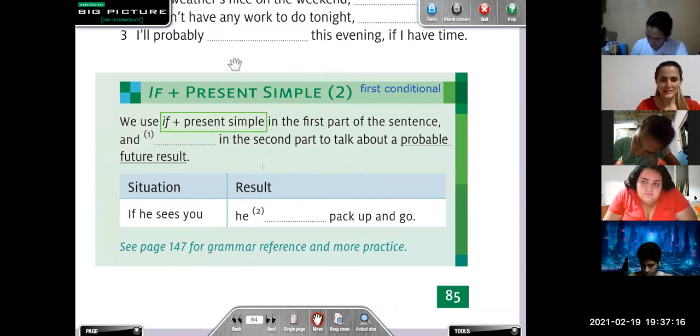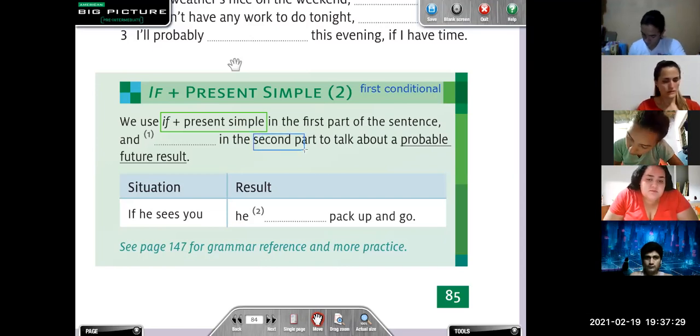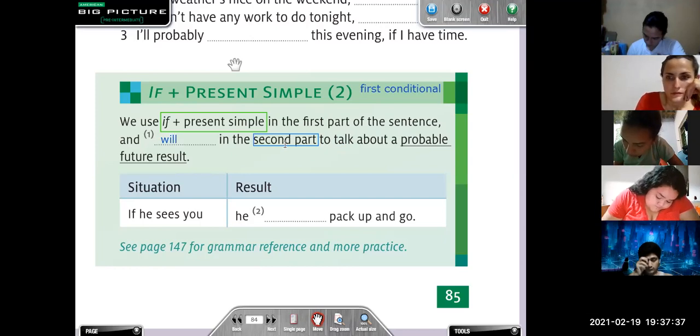We use if plus the present simple in the first part of the sentence. And what do we use in the second part of the sentence? Future. Will, right? We use will, the future, in the second part, to talk about a probable result in the future, right?